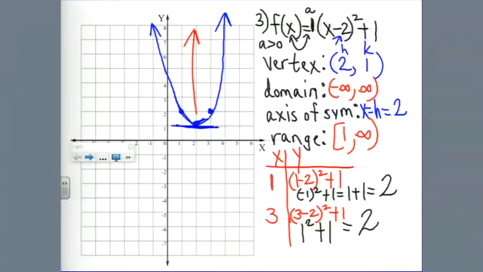Now, if your parabola is in this form, f of x is equal to a times, in parentheses, x minus h squared plus or minus k, then it's fairly easy to find the vertex.